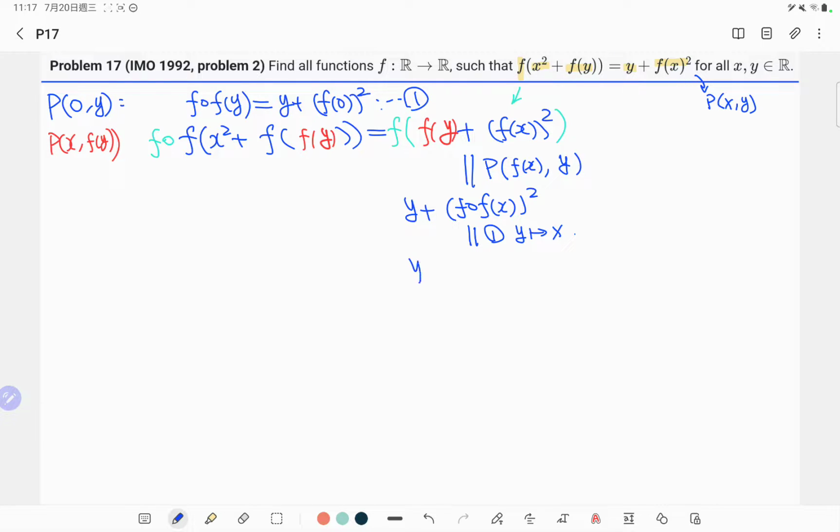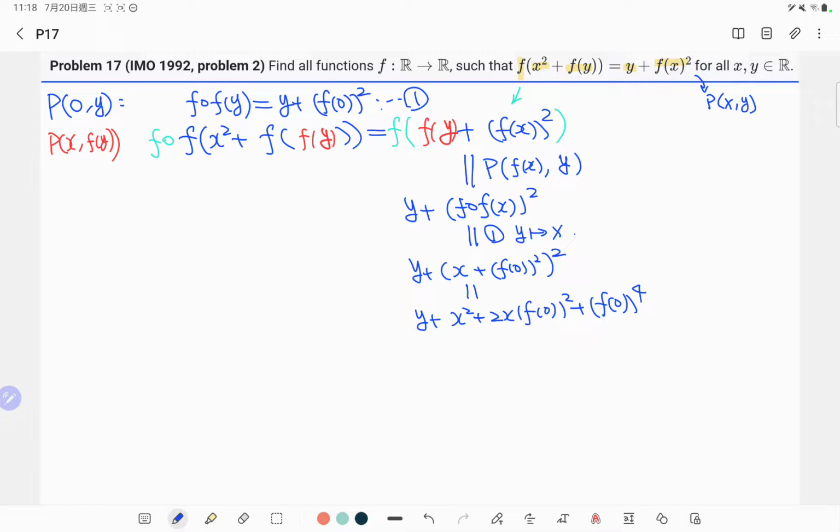So we have y + (x + (f(0))²)², which becomes y + x² + 2x(f(0))² + (f(0))⁴. Okay, so we have expanded the right side of the functional equation.